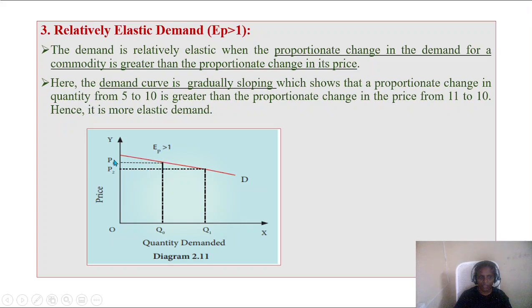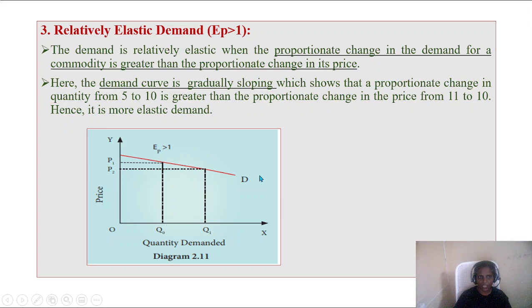When the price level decreases from 0P1 level to 0P2 level, the quantity demanded will increase. You see, a lesser decrease in the price level leads to a higher increase in the quantity demanded. This we call relatively elastic demand. For example, a decrease of 5 rupees in the price of a commodity will lead to an increase in the purchase of 10 quantity.